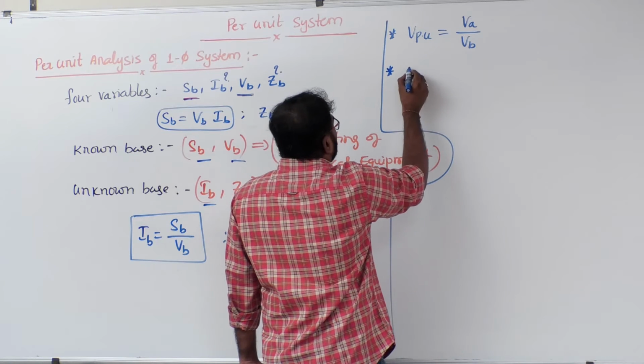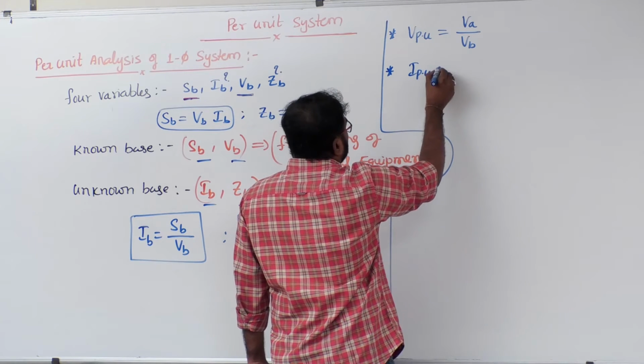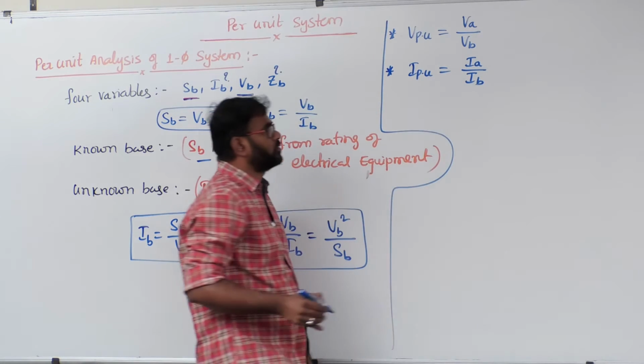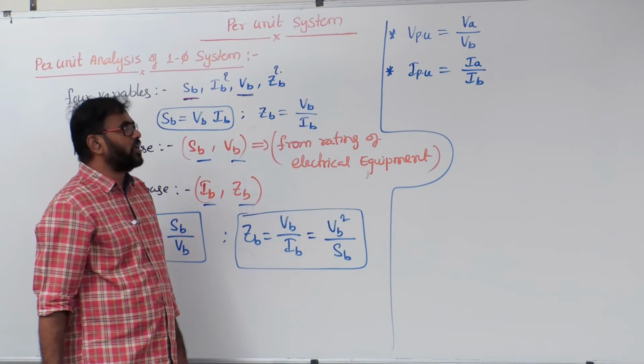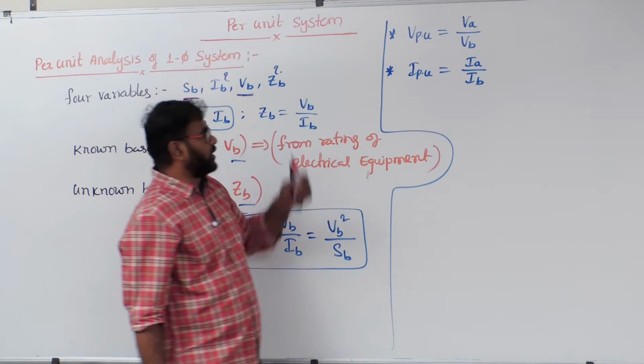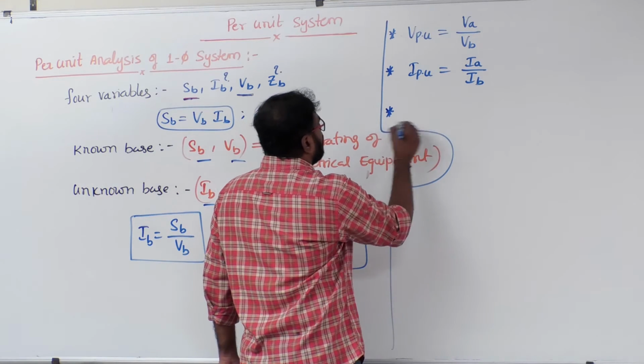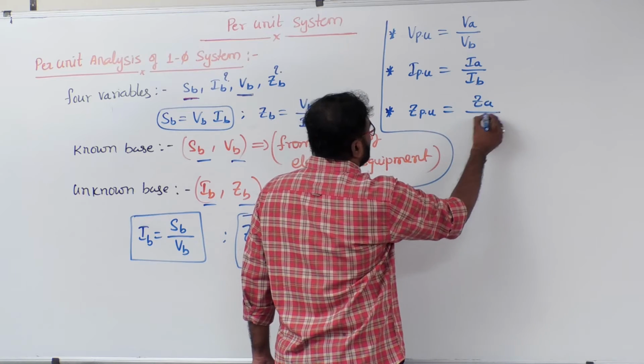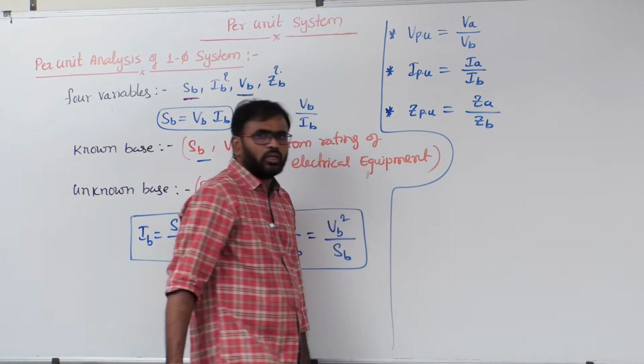Correct or not? Now tell me what is I per unit? Simply I actual by I base. Now what is Z per unit? Z per unit is nothing but Z actual by Z base.